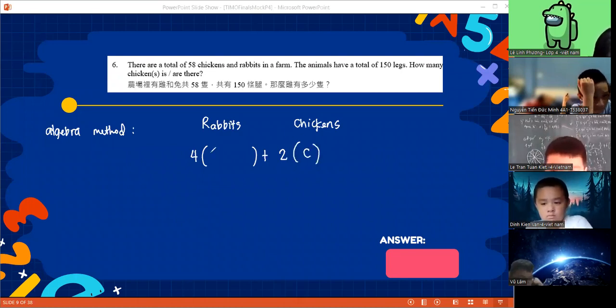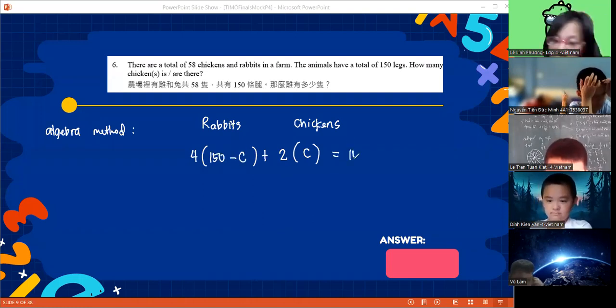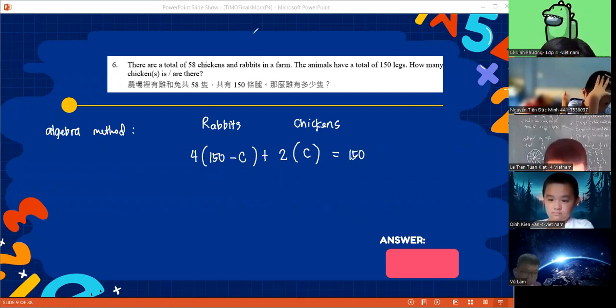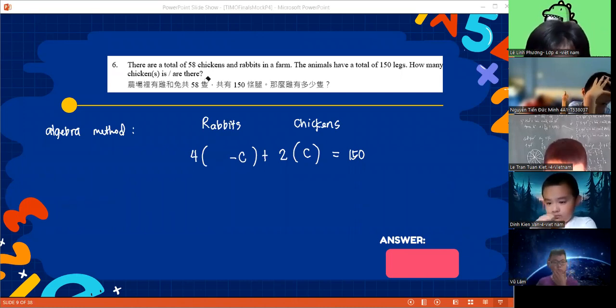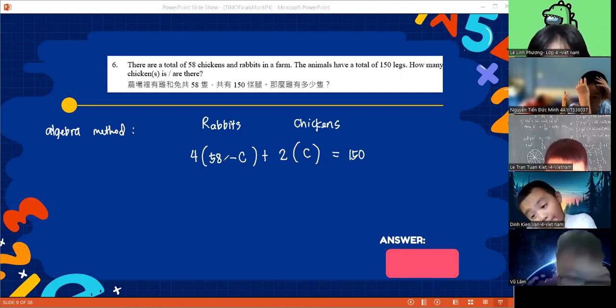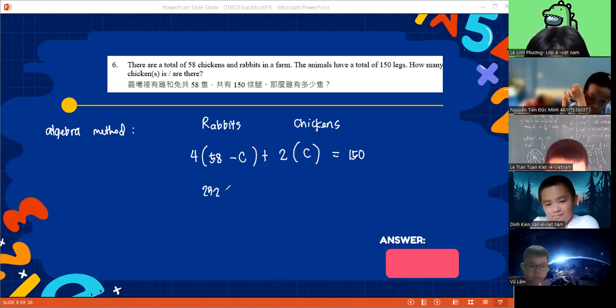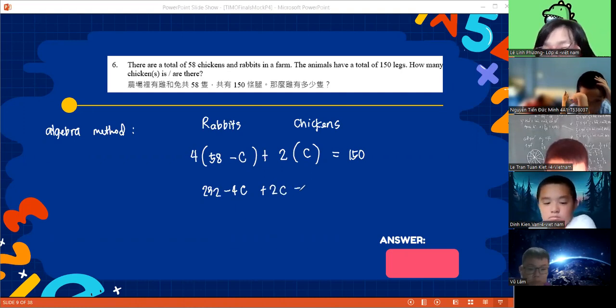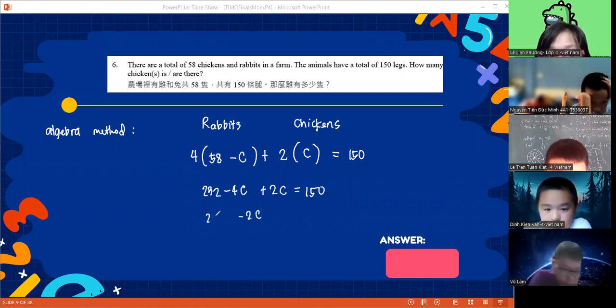Your rabbit count would be 58 minus C. So the total legs is 150. So 4 times 58 is 232 minus 4C, then plus 2C equals 150. 4C minus 2C is minus 2C.